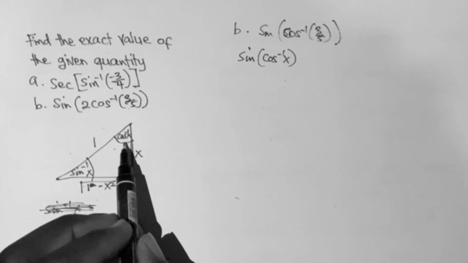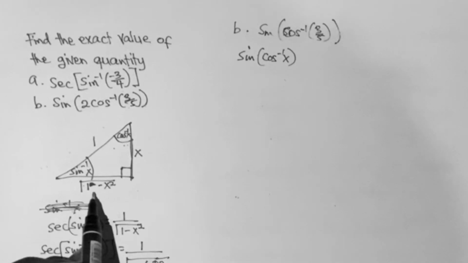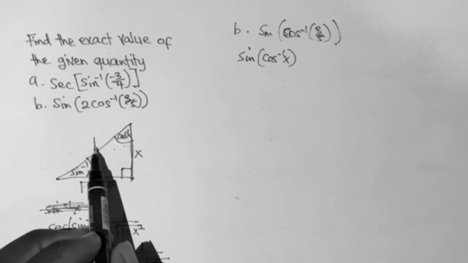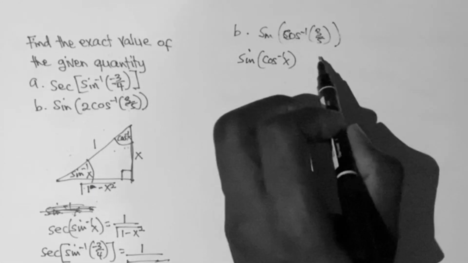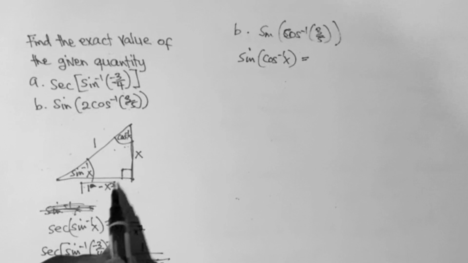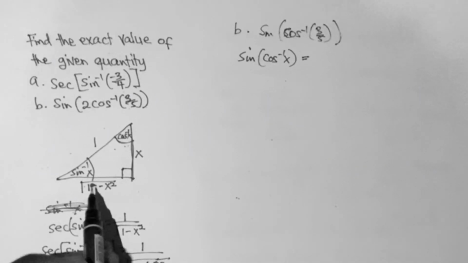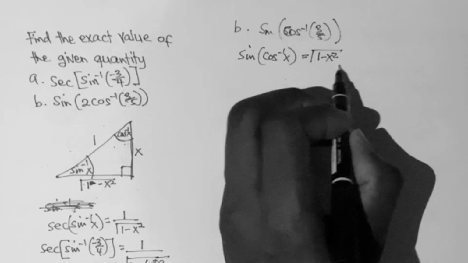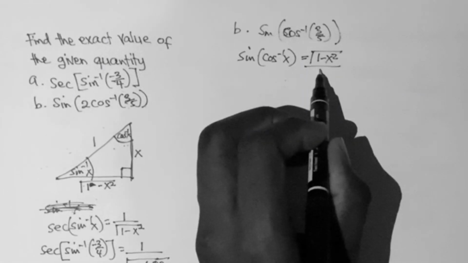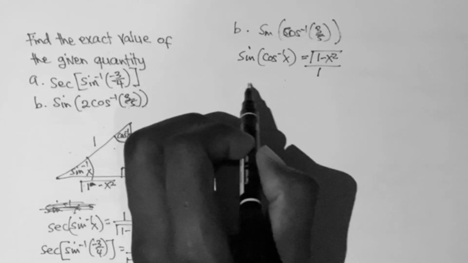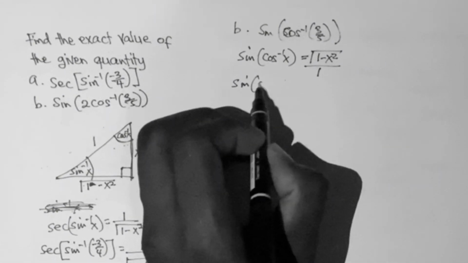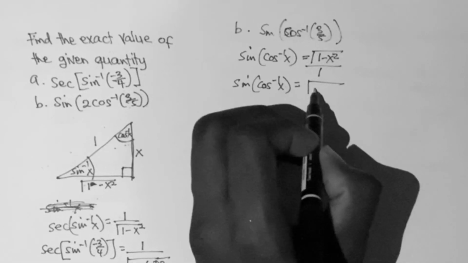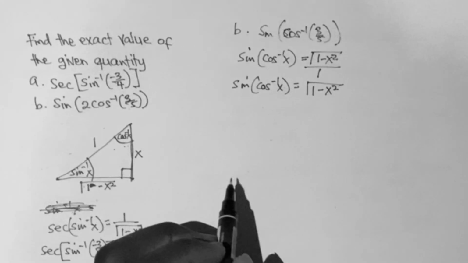Now sine is opposite over hypotenuse. So sine of the cos inverse of x is going to give us, so we are here, opposite. The opposite is square root of 1 minus x squared divided by hypotenuse. Hypotenuse is 1. So sine of cos inverse of x is equal to square root of 1 minus x squared.